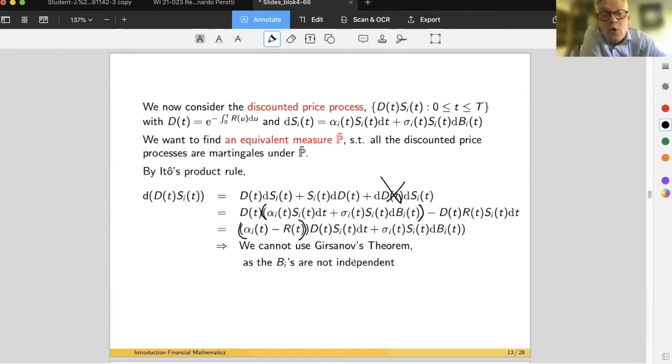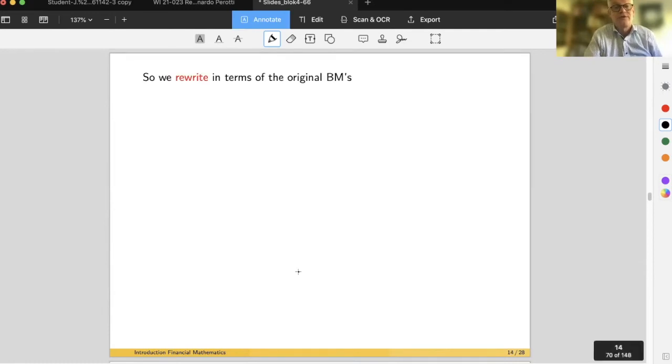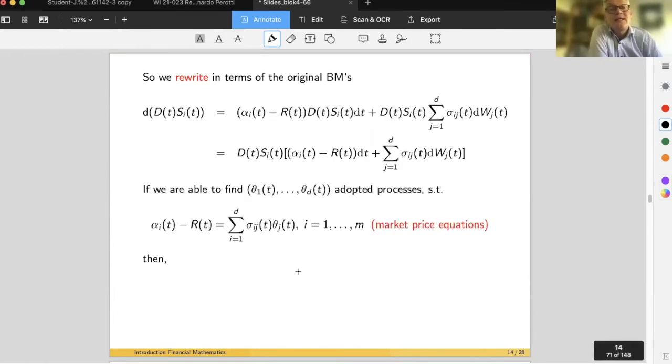And now comes the notion that I just mentioned already. We cannot use Girsanov's theorem now because these B_i's are not independent. So what is the solution? We go back to our W terms. So let's rewrite them in terms of the original Brownian motions. And doing that, we look at the change of the discounted ith stock price process.